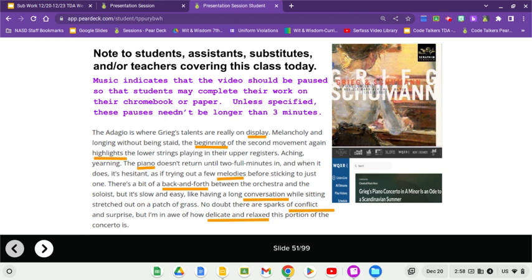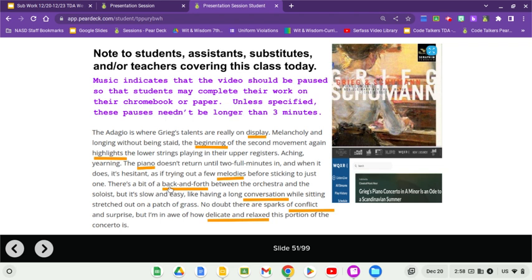The adagio is where Grieg's talents are really on display. Melancholy and longing without being stayed. The second movement, again, the lower strings playing in their upper registers. Aching, yearning, the theme doesn't return until a full 2 minutes in. And when it does, it's hesitant, as if trying out a few before sticking to just one.